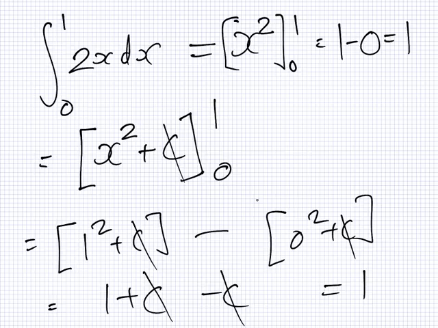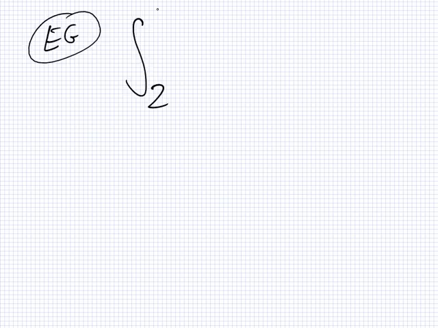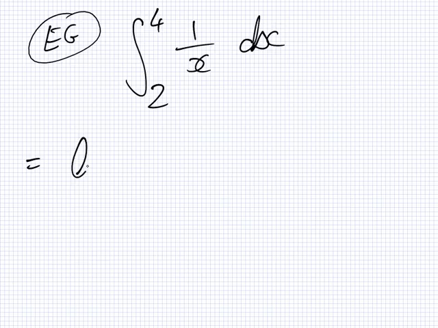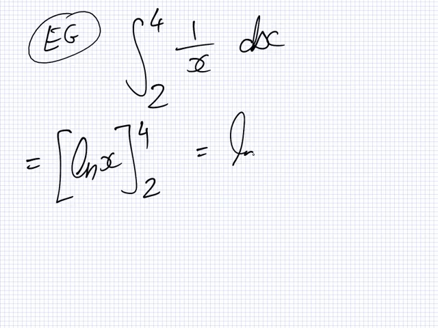Okay. Scroll down. Right, let's try this one as an example. The integral from 2 to 4 of 1 over x. You remember the antiderivative of 1 over x is log x. From 2 to 4, this will be log 4 minus log 2.